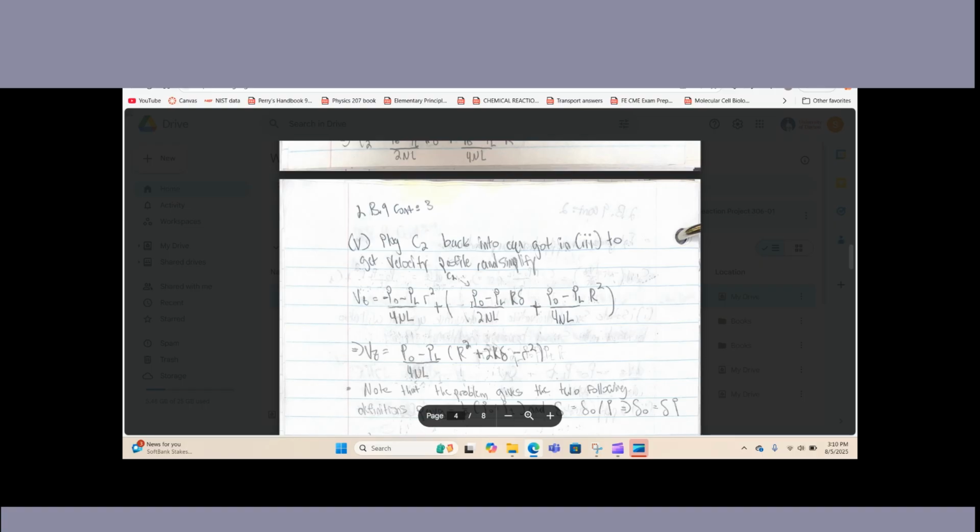and I got this. And then I'm just factoring out this pressure conglomerate term, which is just this minus the negative sign.